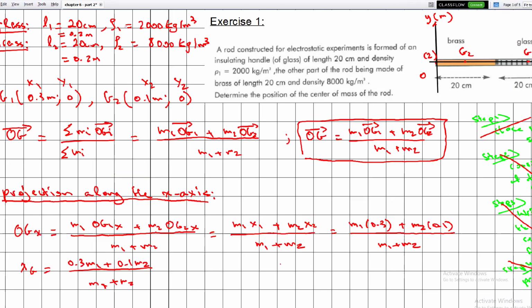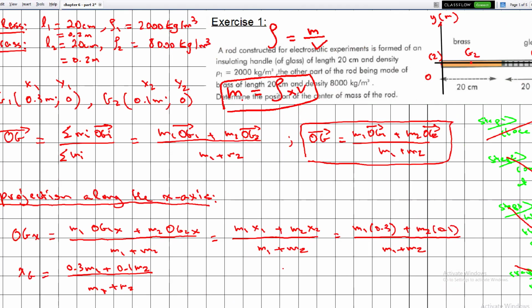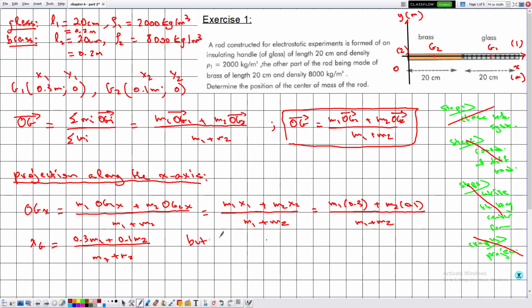So now, knowing the density, the density and the mass are related via the following formula. In this case, mass can be written as density multiplied by volume. So, if rho carries the index 1, then the mass will carry the index 1 and the volume will carry the index 1.